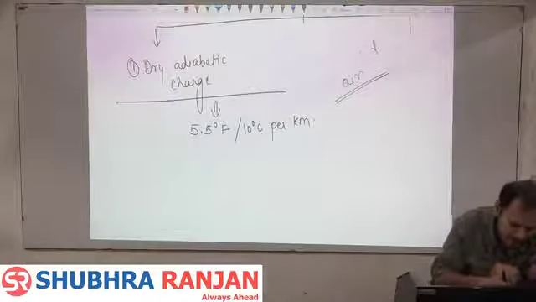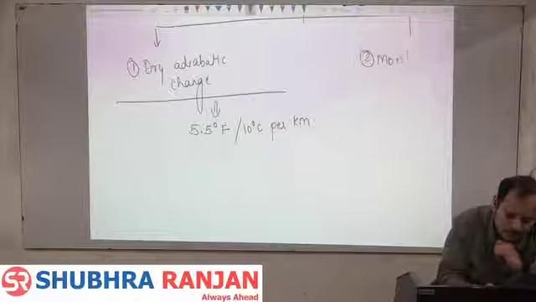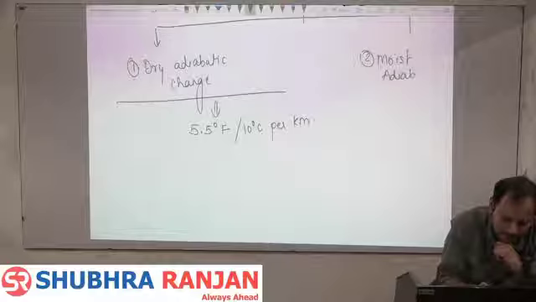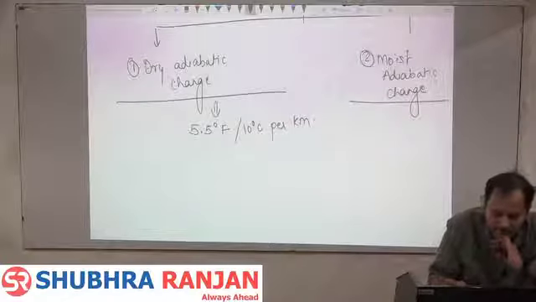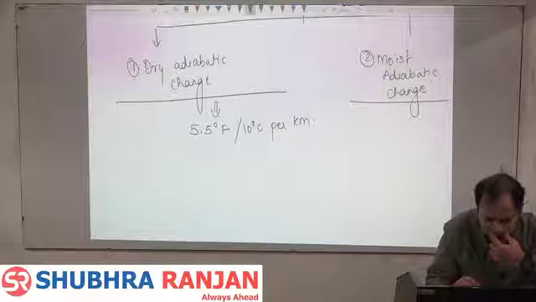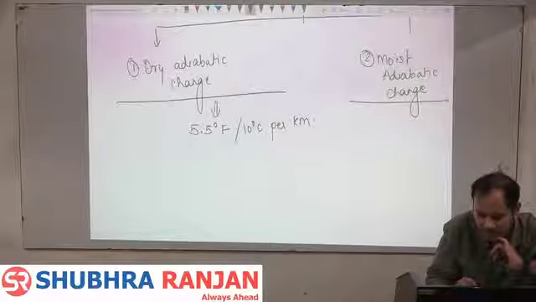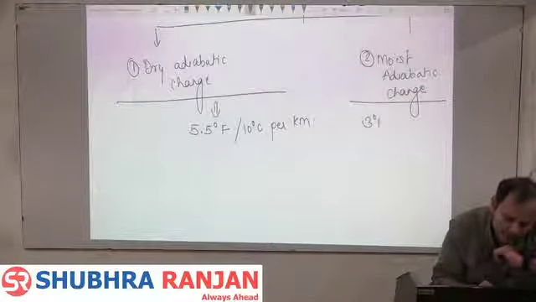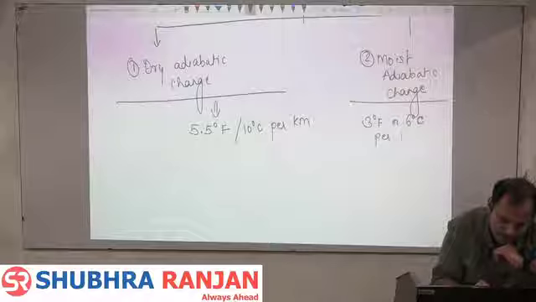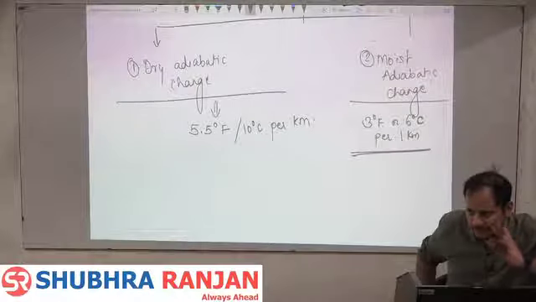And second, moist adiabatic change, which occurs in saturated air mass, at the rate of 3 degree Fahrenheit or 6 degrees Celsius per 1 kilometer.